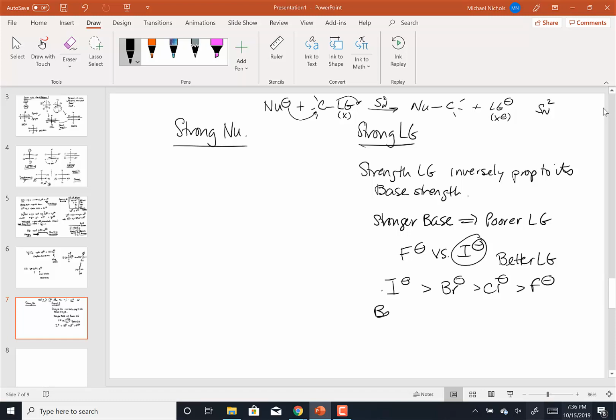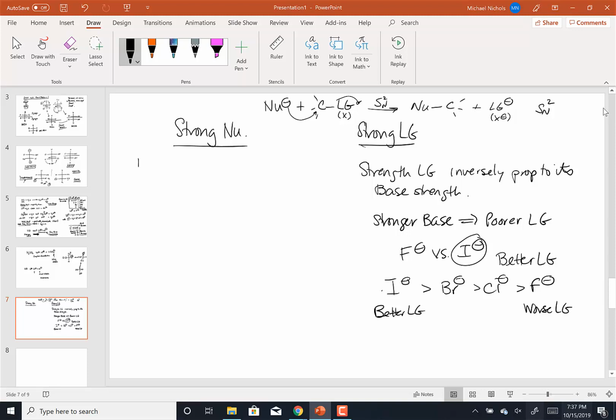So here is the better leaving group, and here is the worse leaving group. Okay. Now let me come back to this in a while and talk about another type of leaving group that would actually be better than a halogen. But now let's move to strong nucleophiles, nucleophile strength, or what's called nucleophilicity.